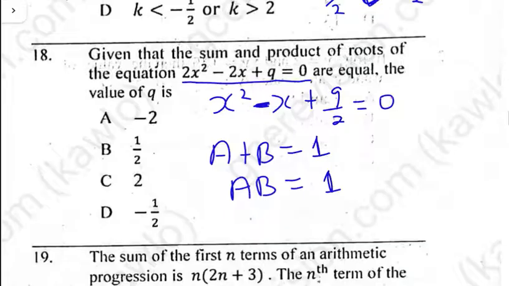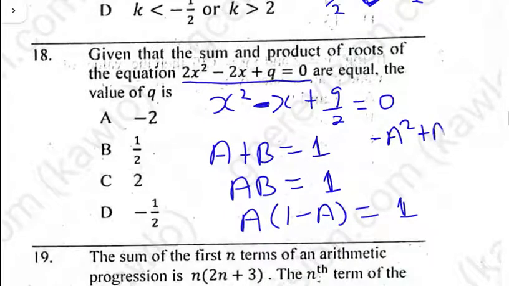So here we can make B the subject of the formula, because B should be equal to 1 minus A. So we have A into 1 minus A, which will finally give us the equation negative A squared plus A minus 1 equals 0.